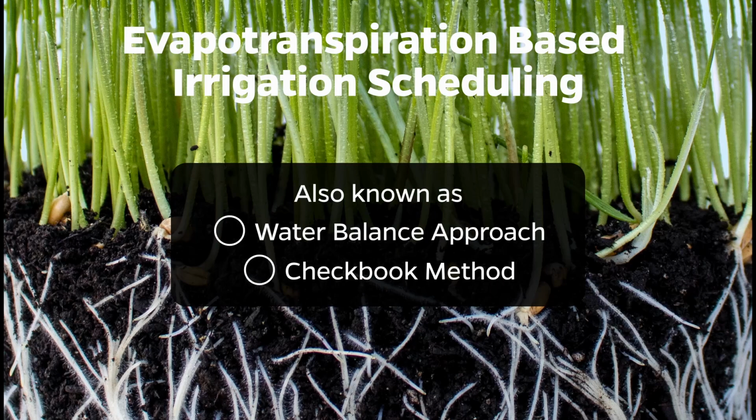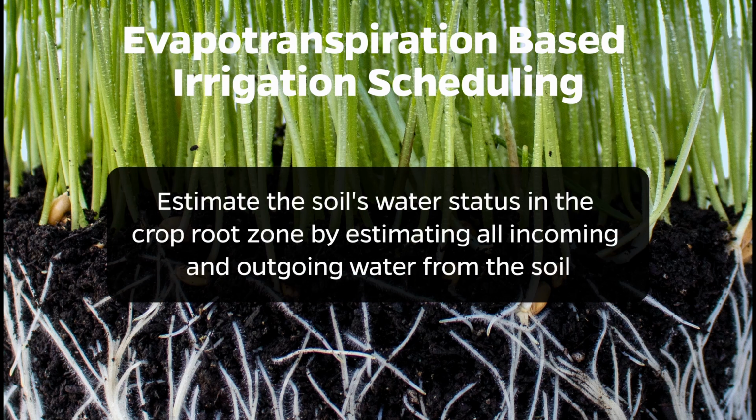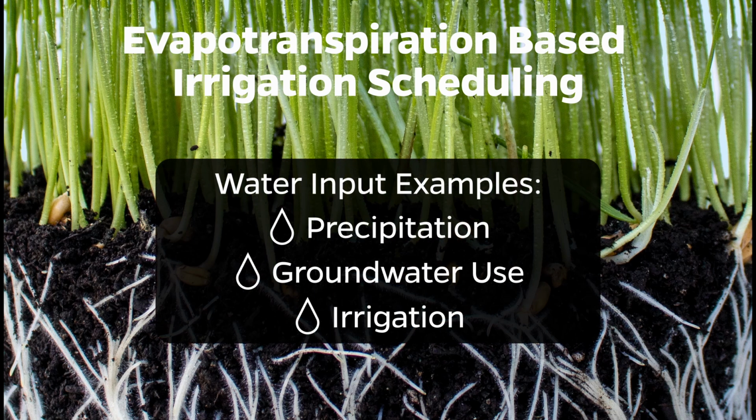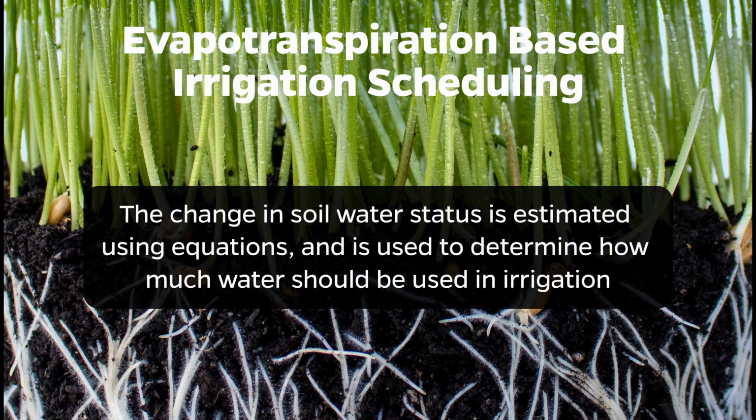The evapotranspiration-based irrigation scheduling method, also known as the water balance approach or checkbook method, accounts for all the inputs and withdrawal of water from the soil, including precipitation, crop water use, irrigation applied, runoff, deep drainage, etc., to estimate the change in the soil water status in the crop root zone.